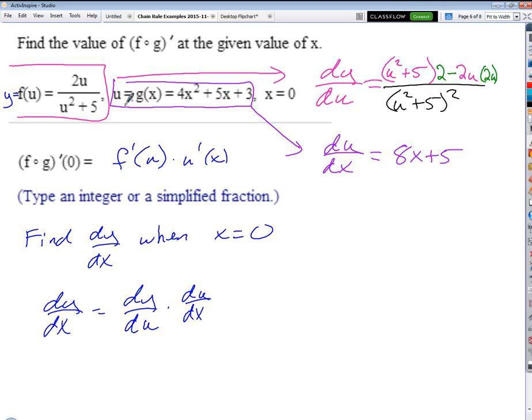Okay, there's u as a function of x, so we differentiate u with respect to x. And so what we end up with then is just the product of this and this, right? Now let's not go any further than that for a second.